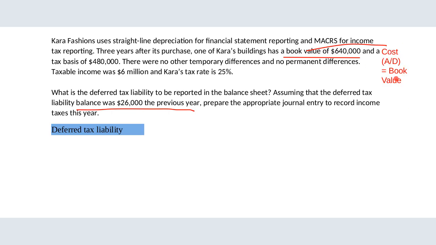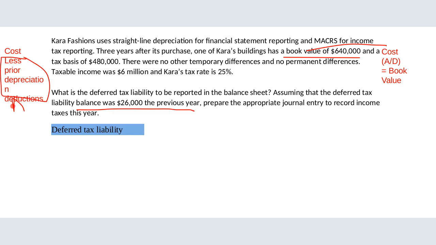That equals book value of the asset. Tax basis is the same. Tax basis is going to be the cost less any prior depreciation deductions. Or if you want to translate that, that's basically our accumulated depreciation.